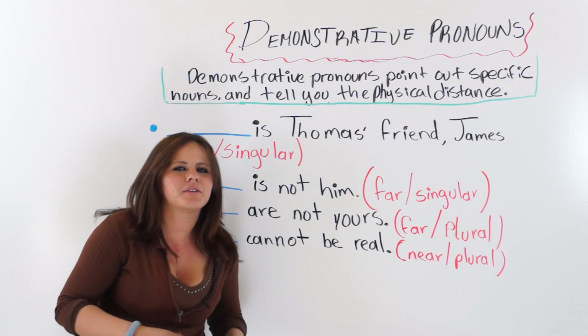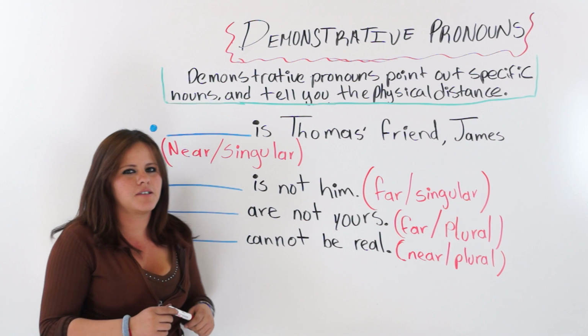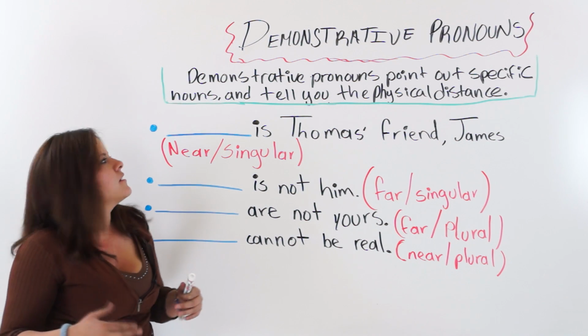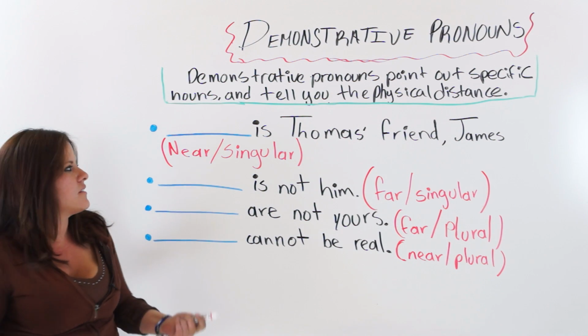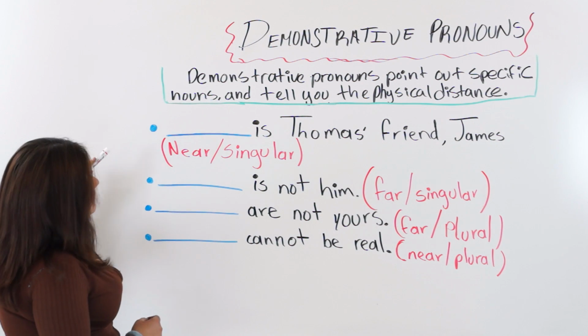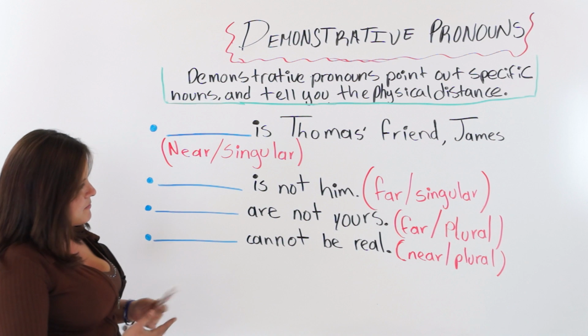Alright, now you are going to help me fill in the blanks with the correct demonstrative pronoun. Remember that demonstrative pronouns point out specific nouns and also tell you about distance and quantity. Alright, the first one is, "Blank is Thomas's friend James."